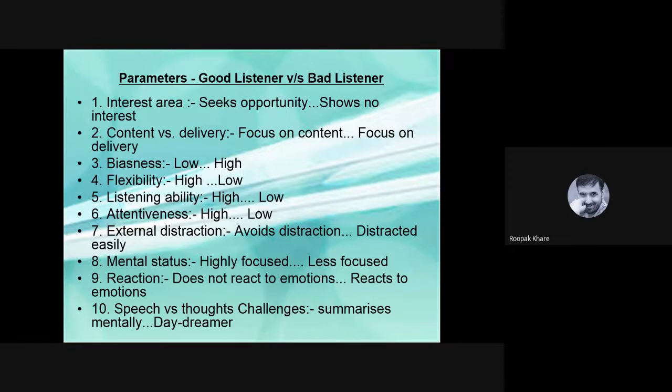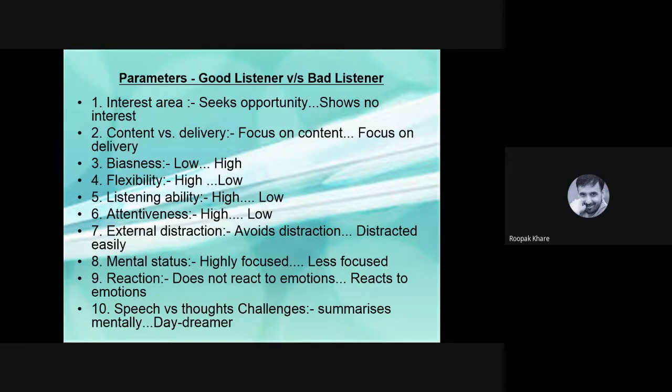Flexibility. People who are good listeners are highly flexible. People with low flexibility are bad listeners. Listening ability is high with good listeners, while low with bad listeners. Good listeners are very attentive, while people with low attentiveness are bad listeners. People who are easily distracted are bad listeners. People who are highly focused mentally are good listeners.